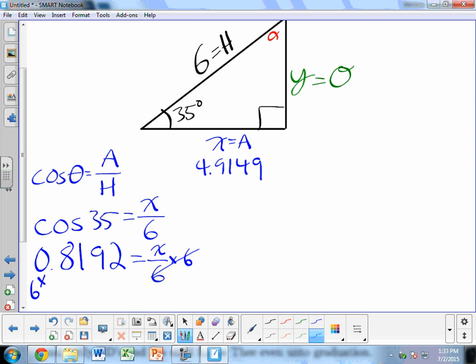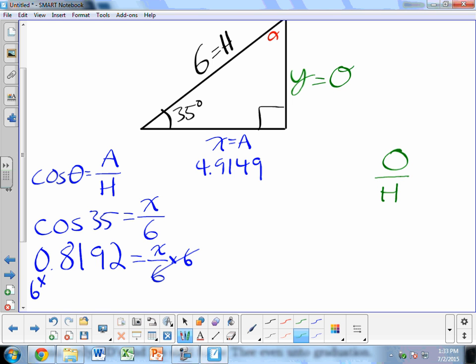And the next side we could solve for is the opposite side. In this case, we could use either the adjacent or the hypotenuse in our calculations. However, it would be better to use the hypotenuse because 6 is an exact number. The value we got for x is rounded to 4 decimal places, so it's not exact. So let's stick with the hypotenuse. So we're using the opposite and the hypotenuse.